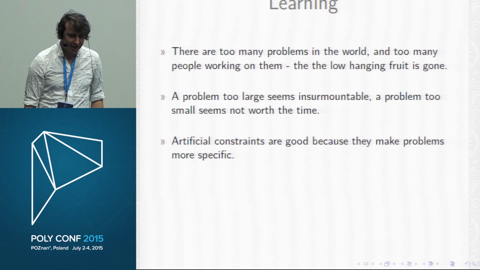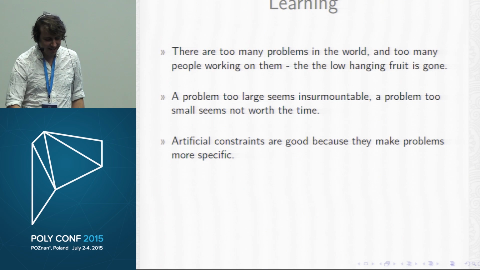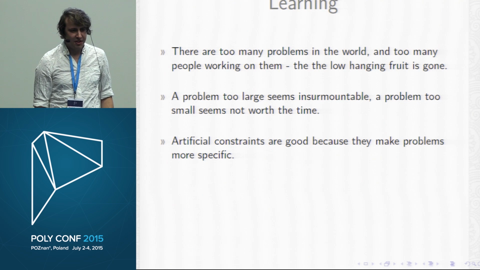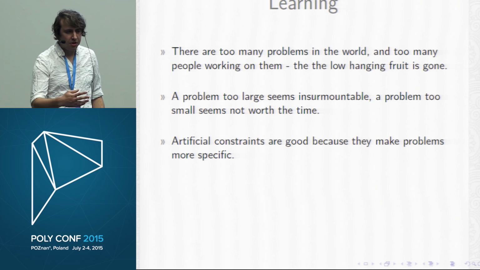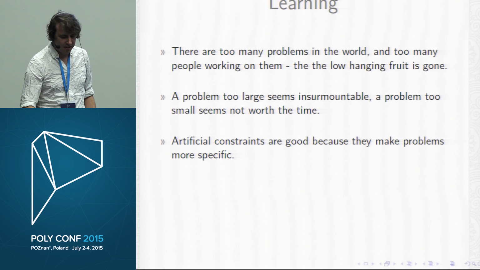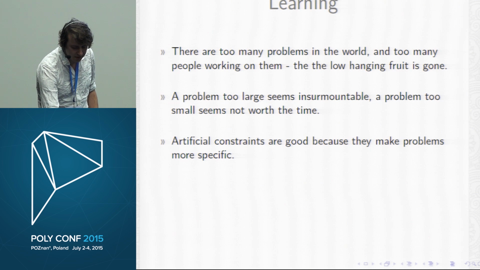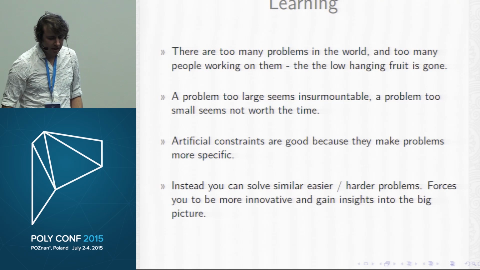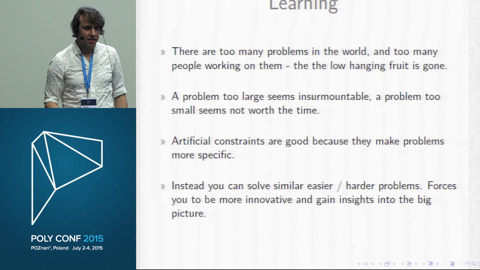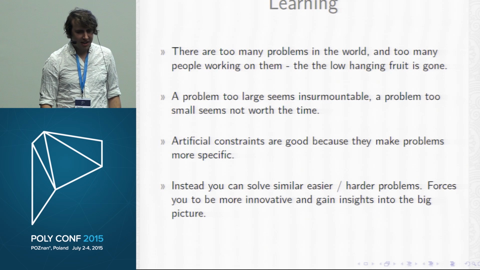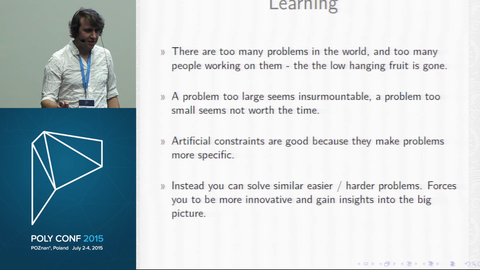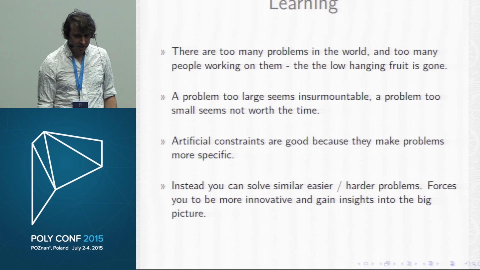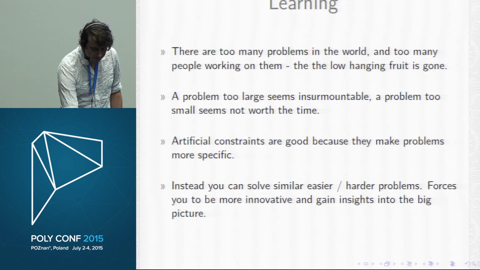Maybe these bin packing problems or something, I don't know. But you learn something about something because you've made it more specific. You've made it harder, basically. The world hunger one you made easier, this desk one you made harder, by adding these artificial constraints. So you can be more innovative and gain insights into bigger problems. I think Cello is a bit like this. Basically, I've done it in C, and it's these artificial constraints. I could have just used any other language. So I think it's good to do these sorts of projects.